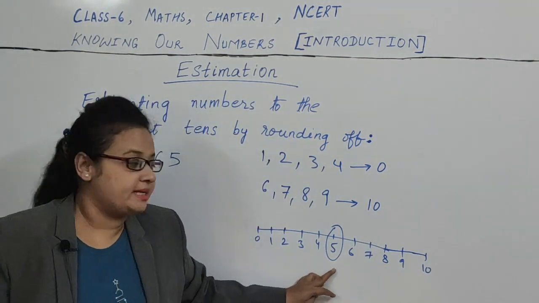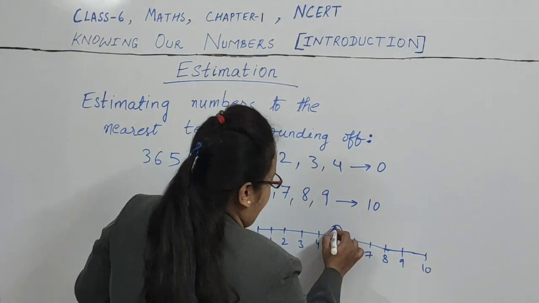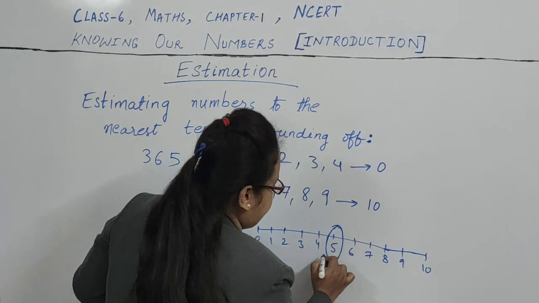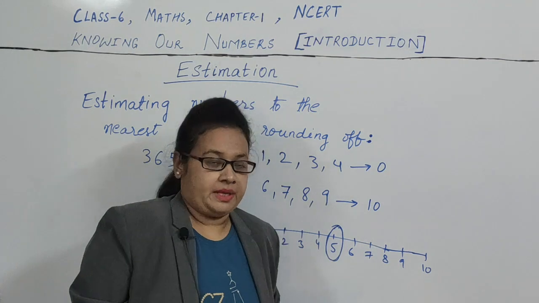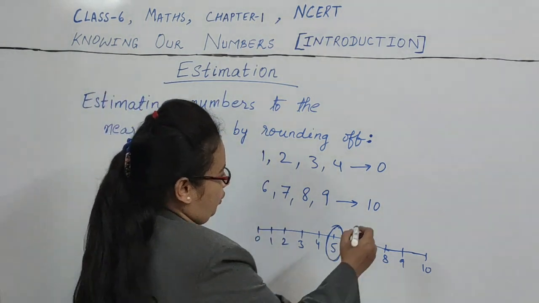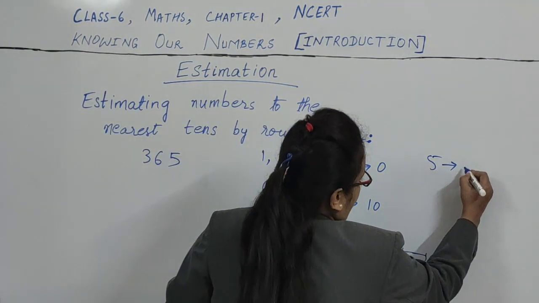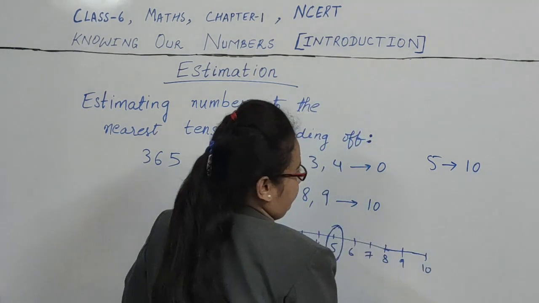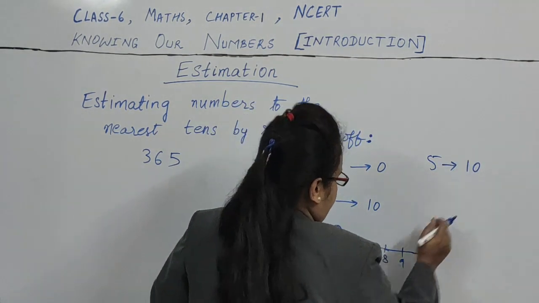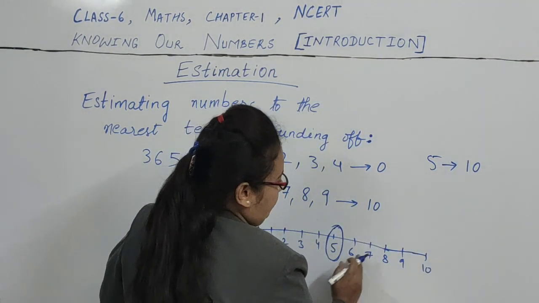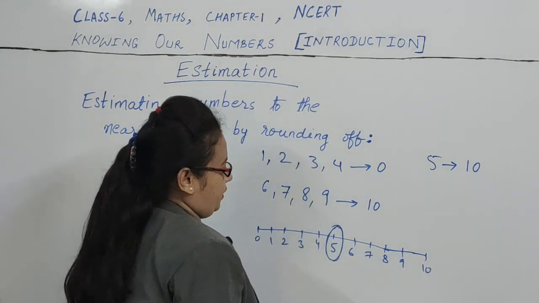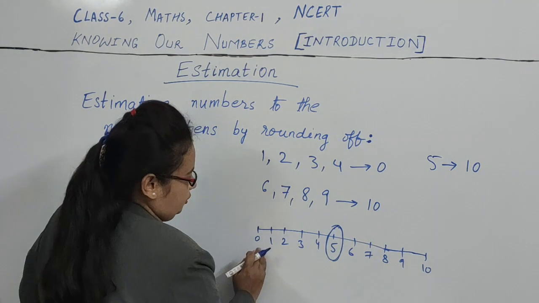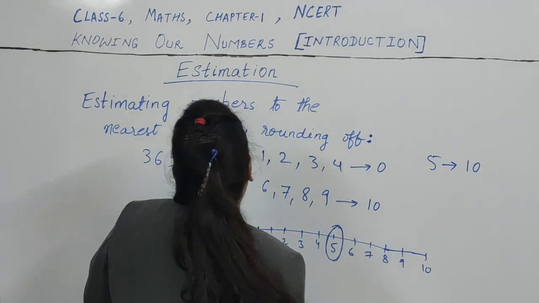But what about 5? 5 is at the middle position. It is at equal distance from 0 and from 10. But by common practice, 5 is also rounded off to 10. 5 is rounded off to 10, which means the middle number is rounded off to the bigger one. It will not be rounded off to 0, it will be rounded off to 10.